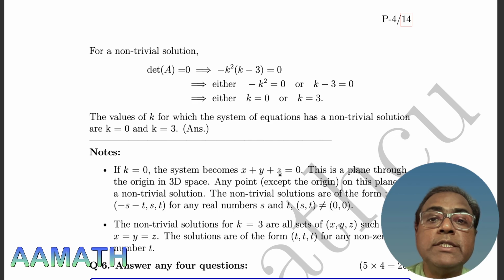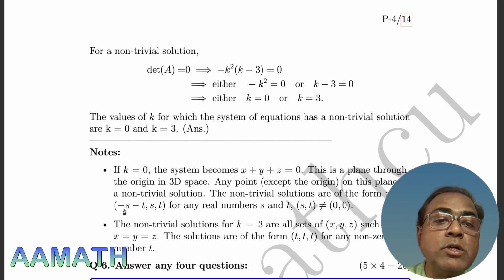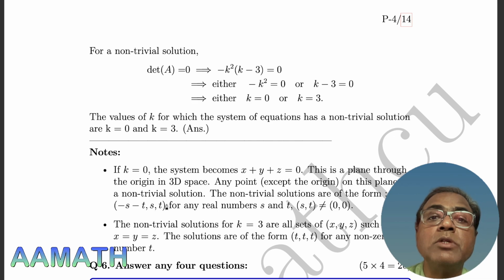If we put z equal to t and y equal to s for some real s and t, then x equal to minus s minus t. So non-trivial solutions are of the form (minus s minus t, s, t). Put s equal to 1 and t equal to 1, so we get x equal to minus 2, y equal to 1, z equal to 1. This is a non-trivial solution for this system.